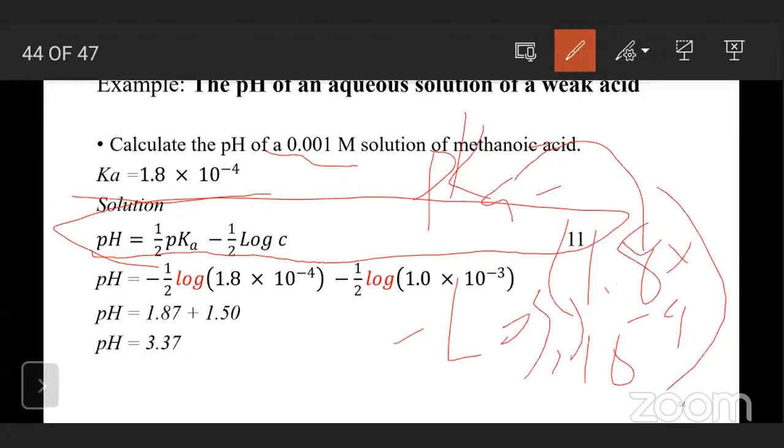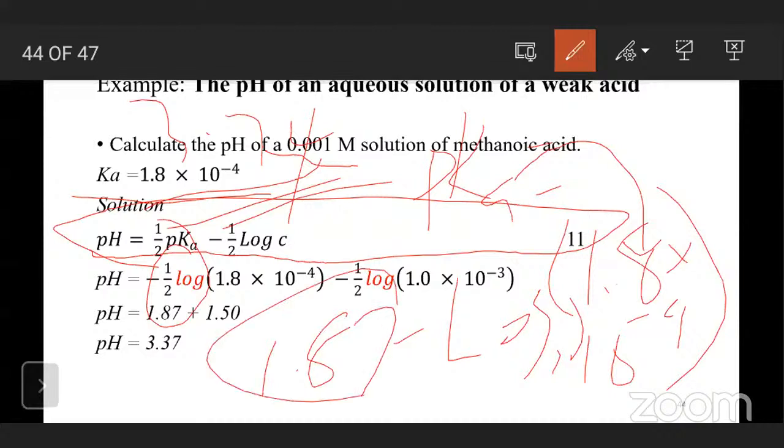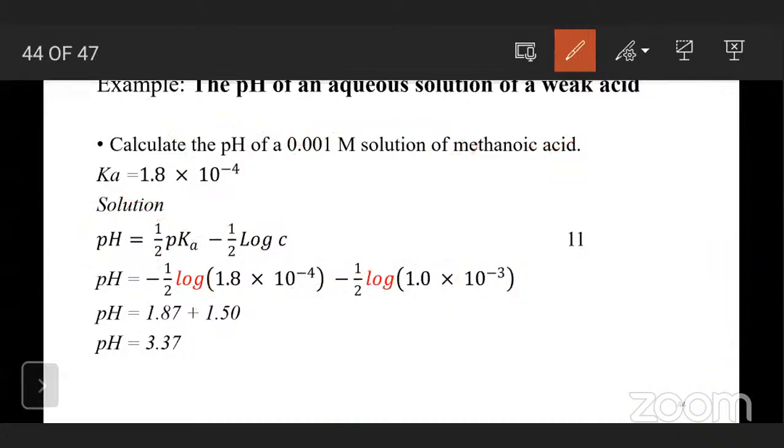And if you do that properly, you will get something like maybe 3.74. Something like 3.74. And if you divide it by 2, then you have 1.87.